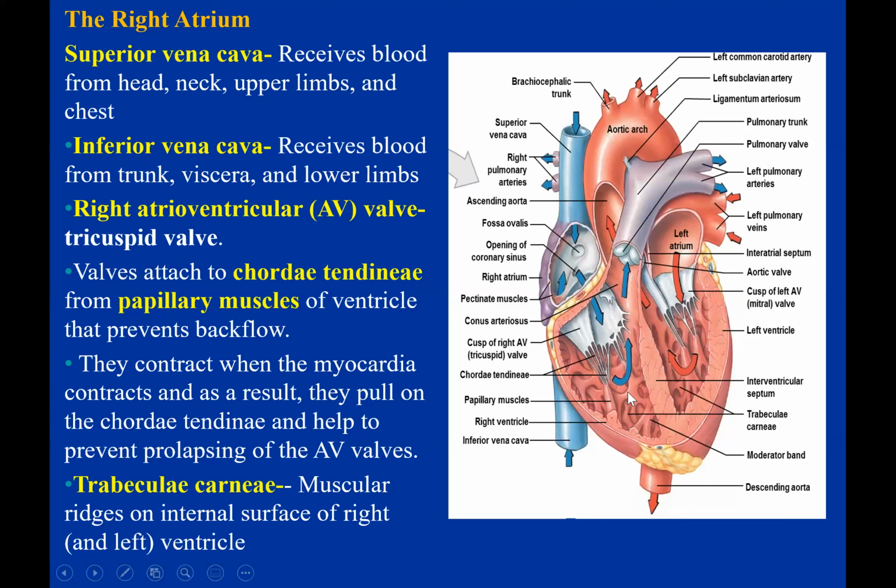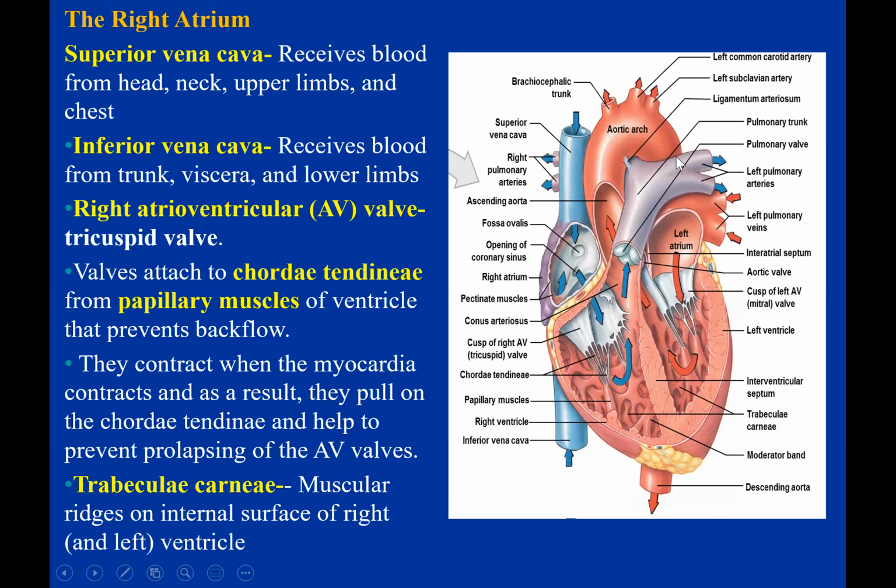So when the ventricle contracts and the muscle contracts, they pull the chordae tendineae and help prevent prolapse of the AV valves, so that all the blood will be pushed only through the pulmonary valve. See, this is called the pulmonary valve. It's called pulmonary valve because it's going to your lungs.